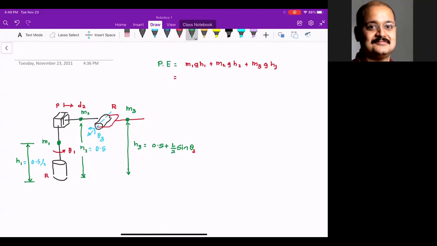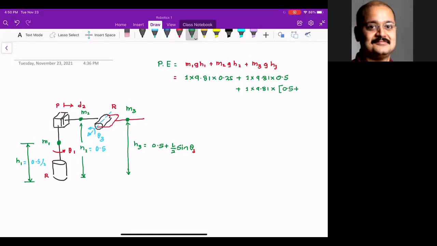So what is m1? Tell me mass m1. 1. So 1 times 9.81 times 0.25 plus m2, same one, 9.81 times 0.5, plus m3, 1, 9.81 multiplied by 0.5.